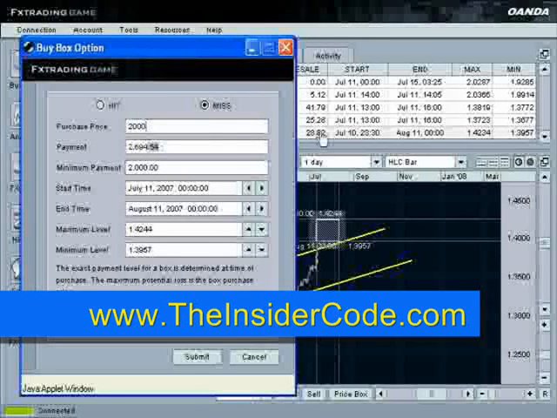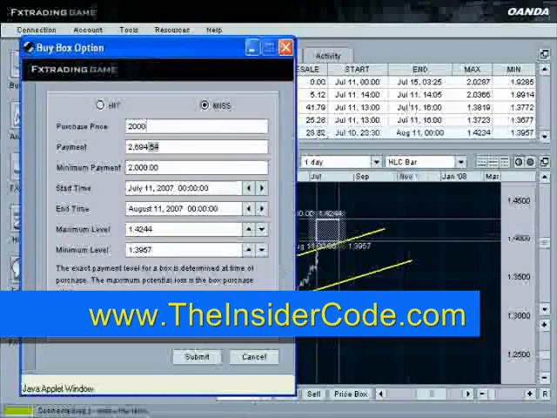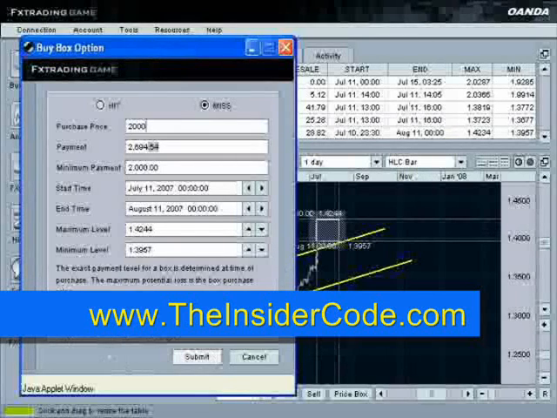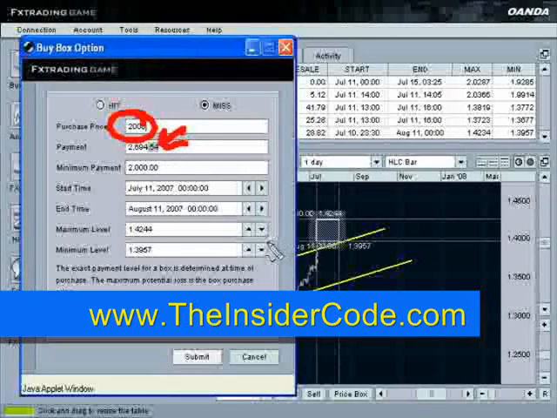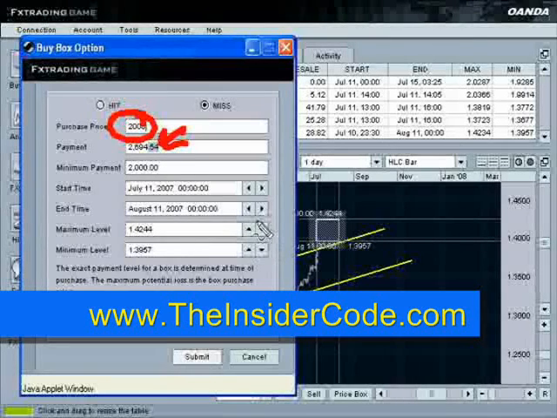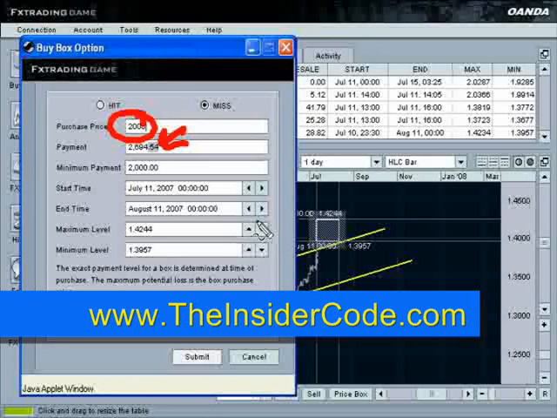Okay, so if we put in $2,000, which is the maximum amount, okay, they tell you down here the maximum box purchase price is 2,000 pounds. If I go 2,000 pounds and it pays out, it's going to pay me $2,694, which means I'm profiting $694.54.